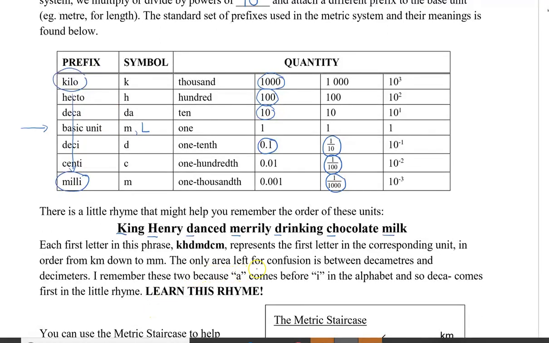The only area that might be left for confusion is how you know if deca or deci comes first. A comes before I in the alphabet, so deca comes before deci. If you learn this rhyme, it will help you remember the order of the units.